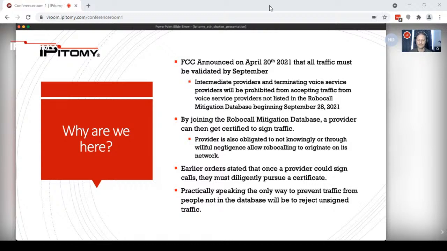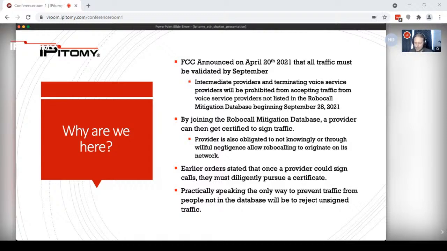And so all of these different separate orders converge into the bottom line being that at the end of September of this year, you're going to have to sign traffic, or you're going to have to certify with everybody that you're working with that you've implemented a way of mitigating robocalls.